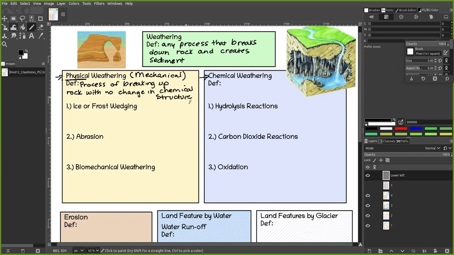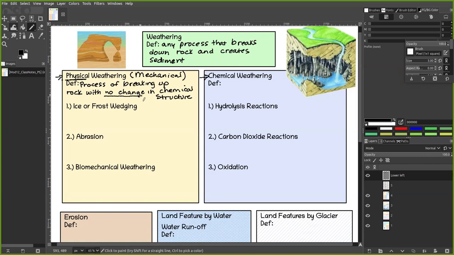Now, if you're confused by this and you're trying to figure out, like on the homework, they give you two kinds of weathering processes, and you're supposed to label them physical or chemical. You need to think to yourself, was there a change in the chemical structure, or was there no change in chemical structure? And that will help you figure out whether it was physical or chemical.